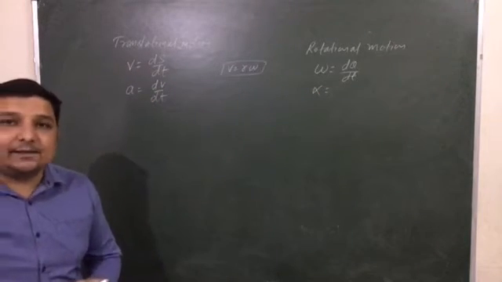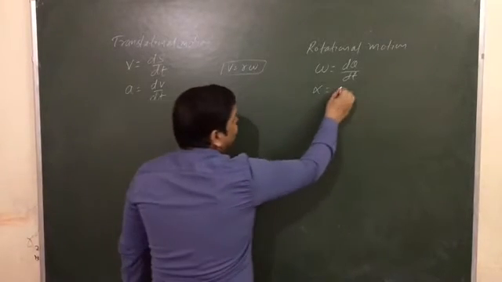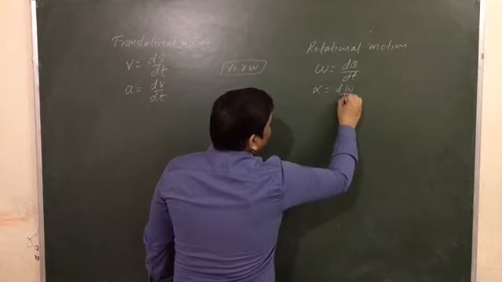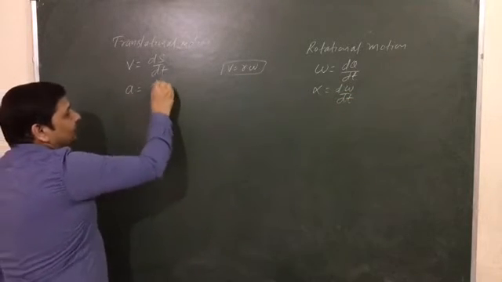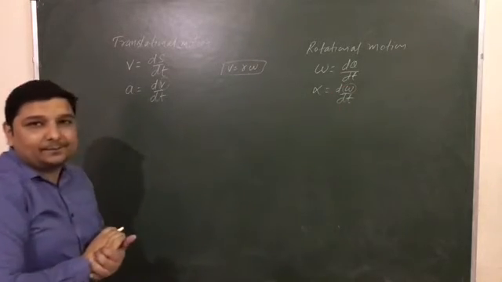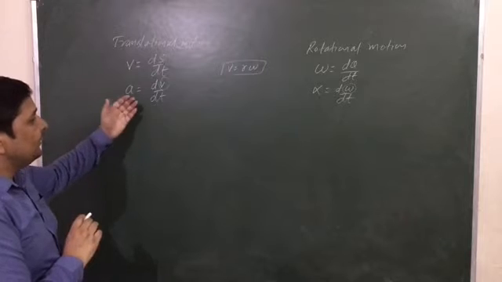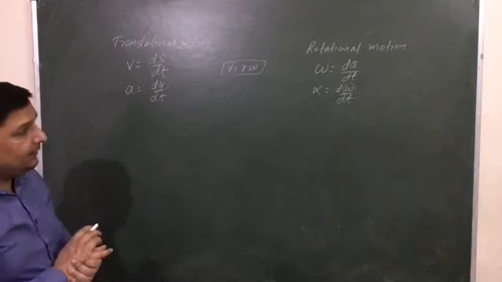Angular acceleration is alpha, and it is given by d omega by dt. Linear velocity is replaced by angular velocity: acceleration is dv by dt and angular acceleration is d omega by dt.